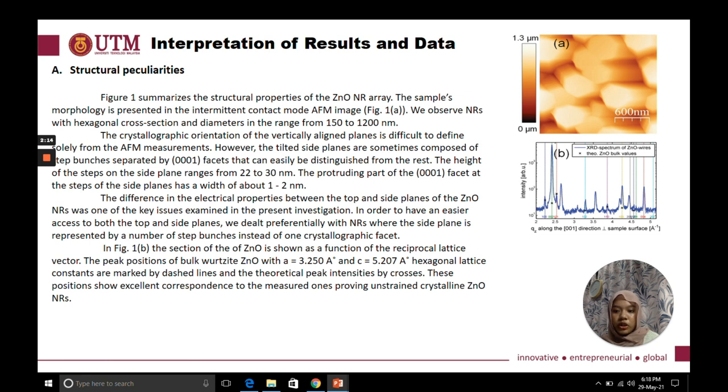The peak positions of bulk zinc oxide with hexagonal lattice constants are marked by dashed lines, and the theoretical peak intensities by crosses. These positions show excellent correspondence to the measured ones, proving unstrained crystalline zinc oxide nanorods.